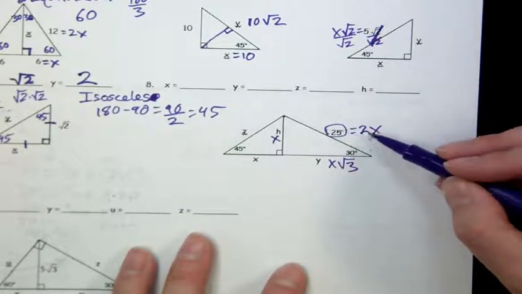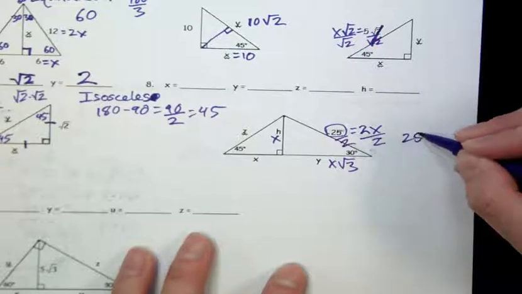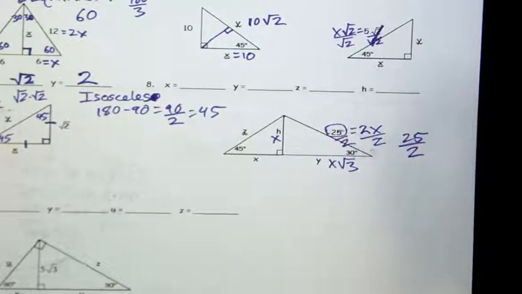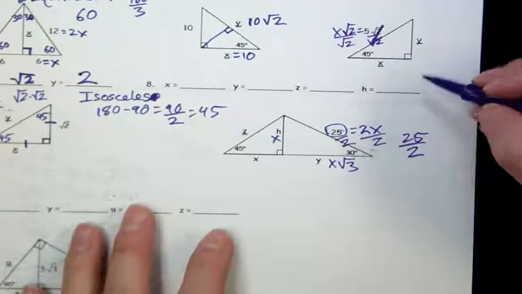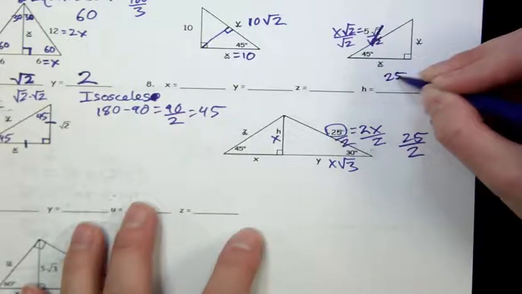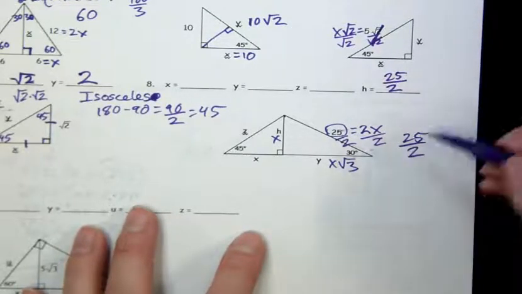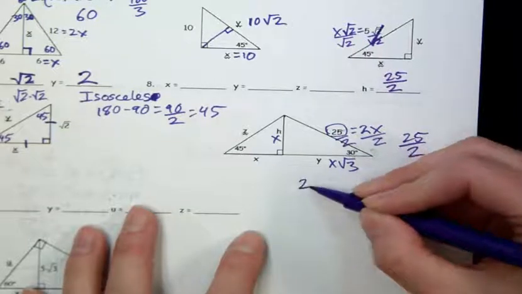So if 25 is 2x, just divide by 2. Because this is pre-AP geometry, we're leaving it in fraction form. We aren't converting to decimal. So that was h is 25 over 2. And then I just have to multiply that times root 3.